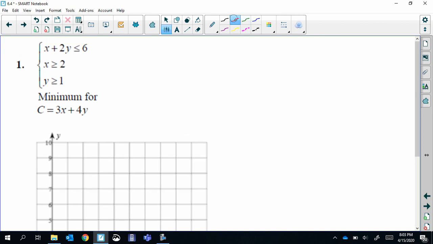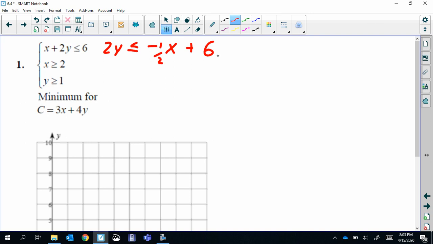So in order to graph, you can either make it y equals mx plus b, or you could graph in standard form, which is what this is. Doesn't really matter. If you're more comfortable taking it to y equals mx plus b, you would subtract the x over and then divide everything by 2.